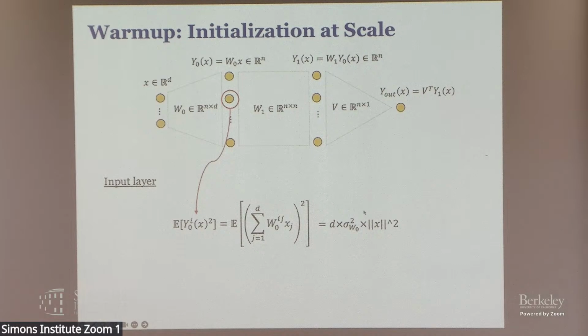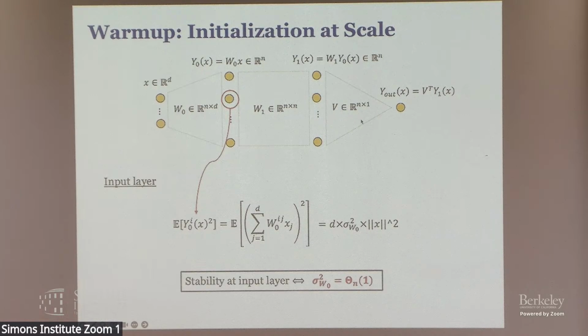So you can see here that this formula doesn't depend on the width n, the dimension n. There is no dependence on it. So basically, as we scale the width, we don't have to worry about changing sigma w0, because this is theta 1 in n, theta 1 in width, no matter how large that width is, right? You don't have to adjust the way you initialize w0, and the reason is just because the input dimension here is fixed, so d is fixed.